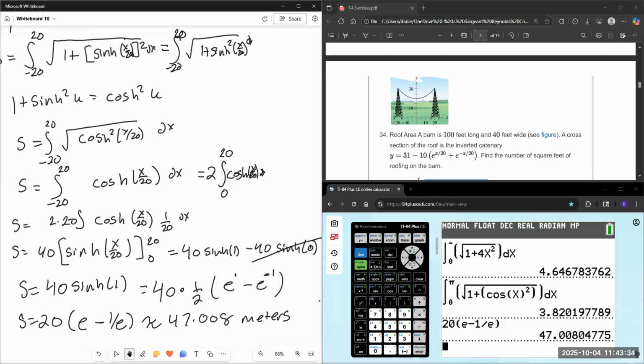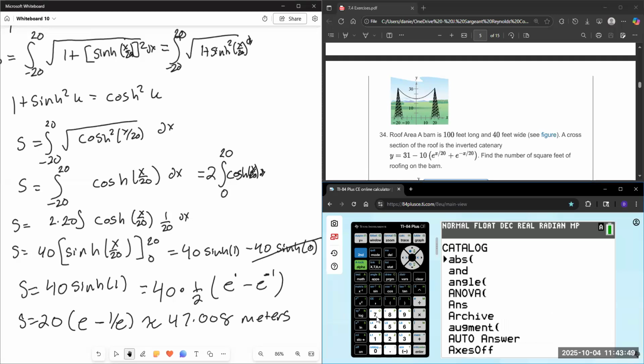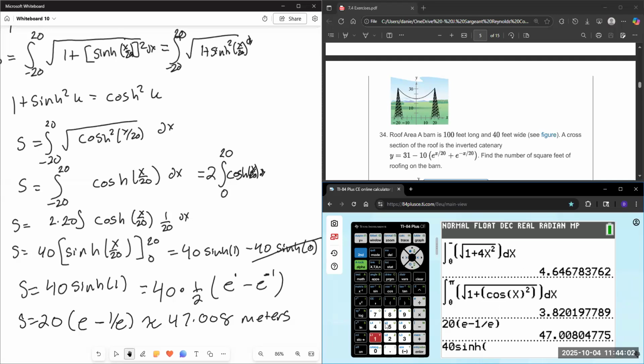Now there is a hyperbolic sine and hyperbolic cosine function in the calculator, but it's hidden in the catalog. So if I wanted 40 hyperbolic sine, I have to go to the catalog and look under S and then scroll down. There it is, of 1.